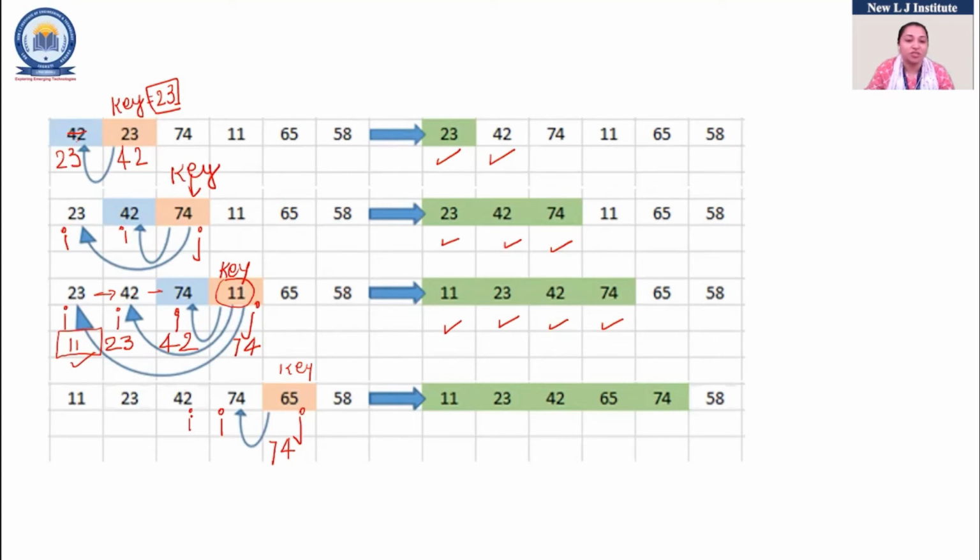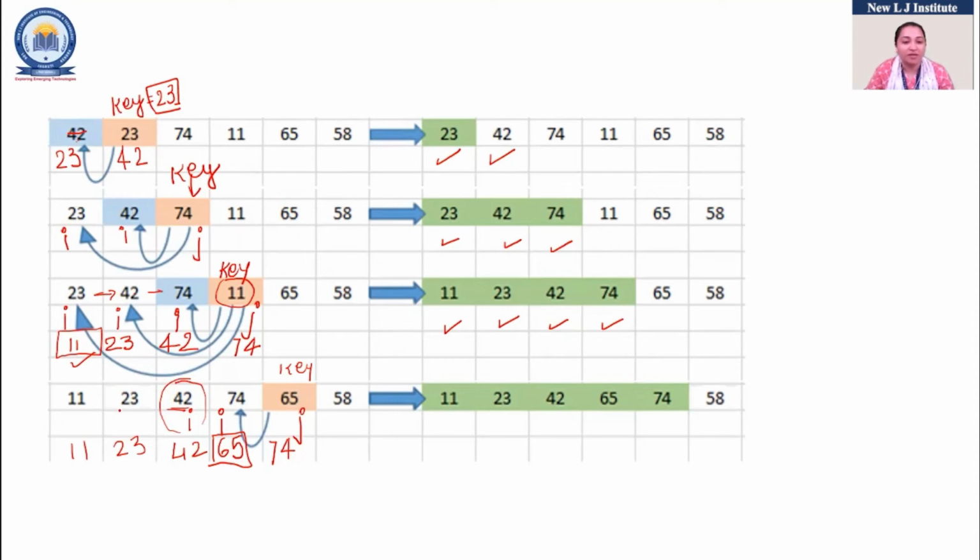Okay, so I is pointing at 42, but 42 is already smaller than 65. That means here we would stop. We will increment I, and this is the proper position to insert the key. So insert key 65 over here, and these three are already in their proper position, as we have already seen that when I is decremented and pointing at 42, all the elements before it will be already sorted.